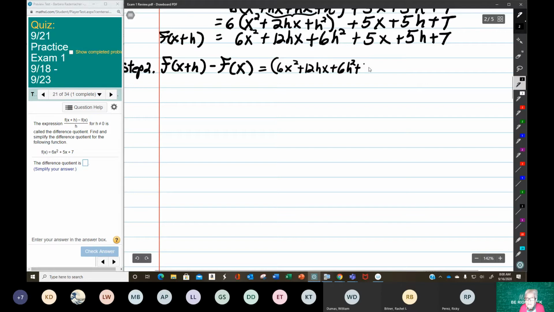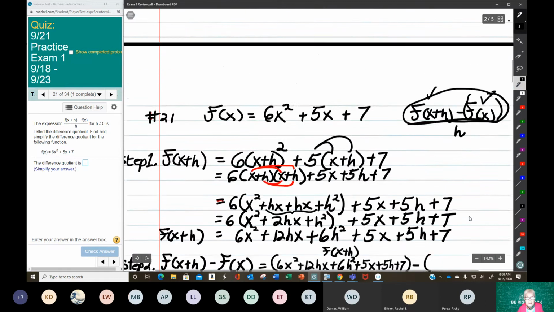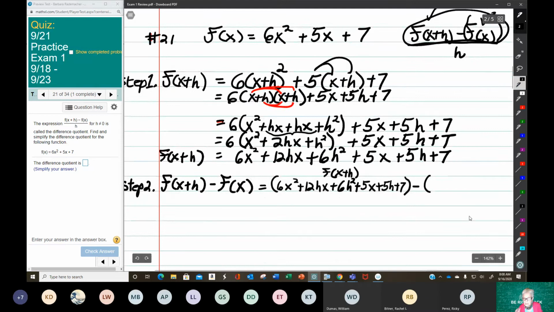Yes, I do. 5x plus 5h plus 7. Okay, here's our f of x plus h, and I'm going to write it over that. Okay, now I'm going to subtract f of x, which is 6x squared plus 5x plus 7.